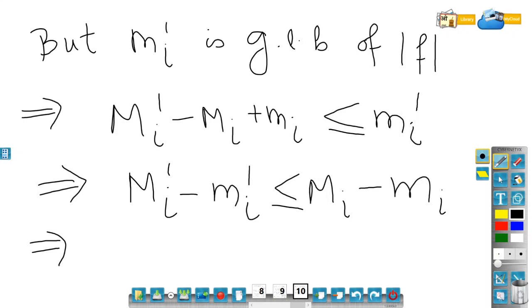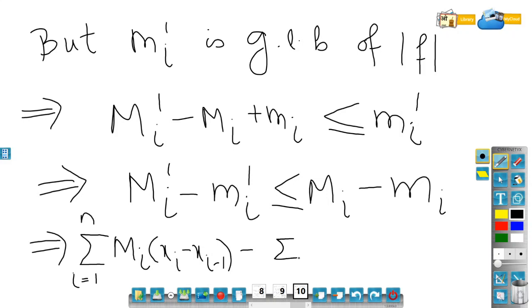So what it will give me, summation i goes from 1 to n, this is capital Mi, xi minus 1, minus summation i goes from 1 to n, small mi dash, xi minus 1, which is less than or equal to, here also I will have the same, summation i goes from 1 to n.